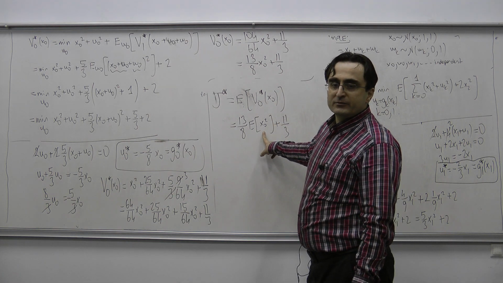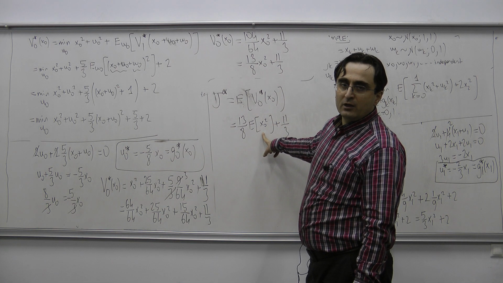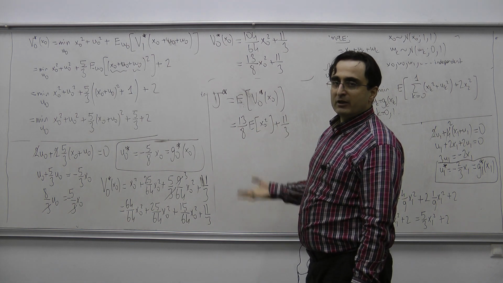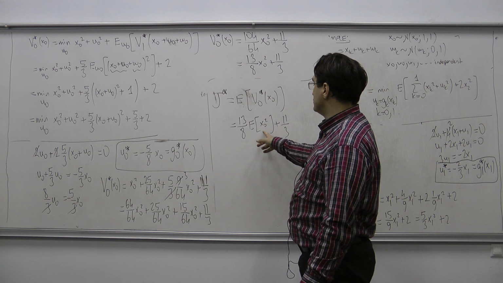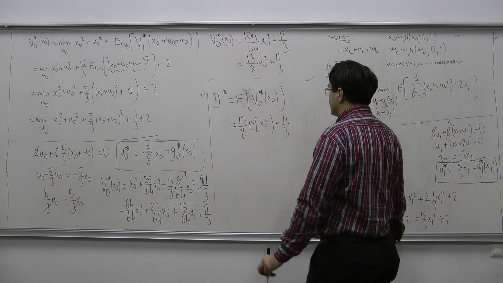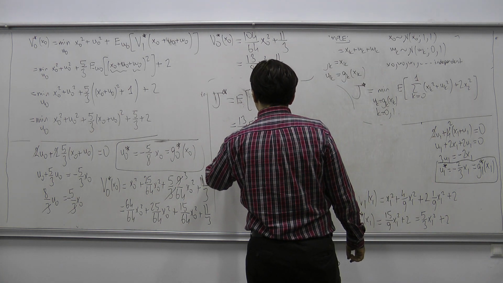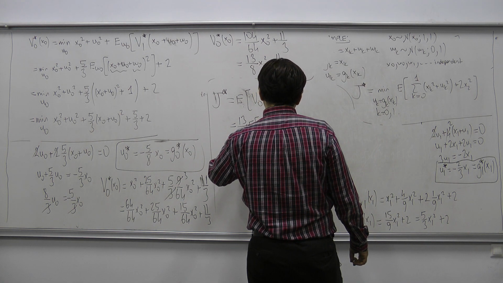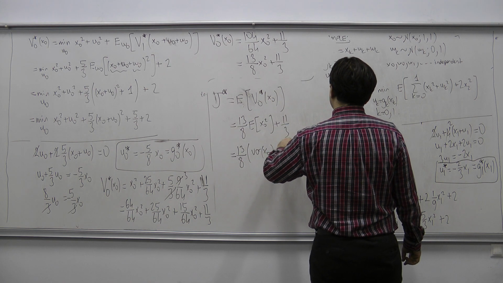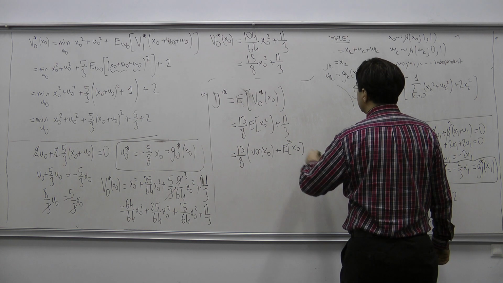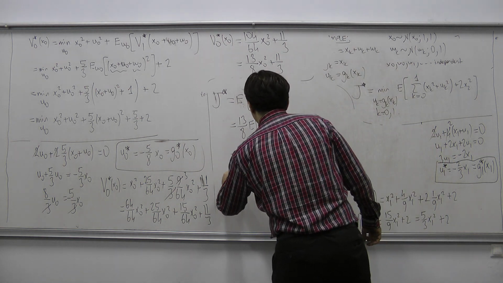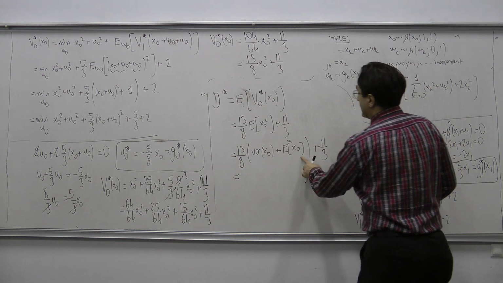Again, this is the expected value of the square of a random variable. If the random variable has 0 mean, then this is variance. But if the random variable is not 0 mean, you have to add to this the square of its expected value. So this is going to be 13/8 times (variance of x0 plus expected value of x0 squared) plus 11/3.